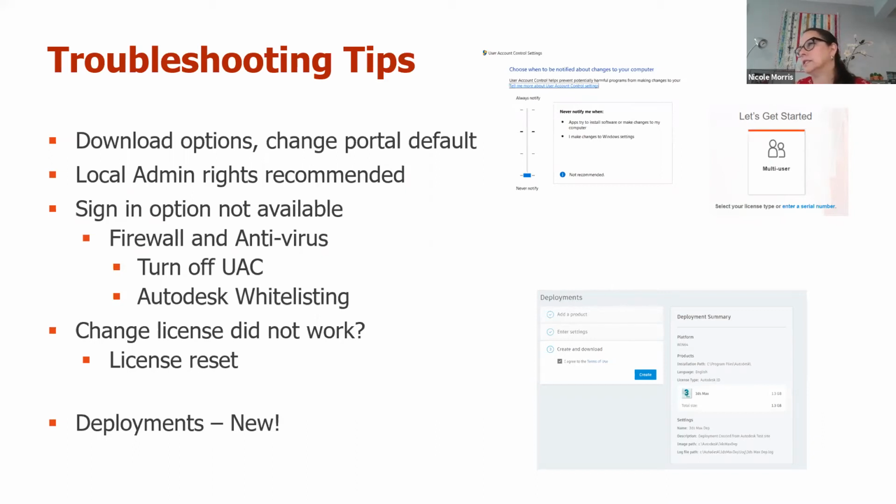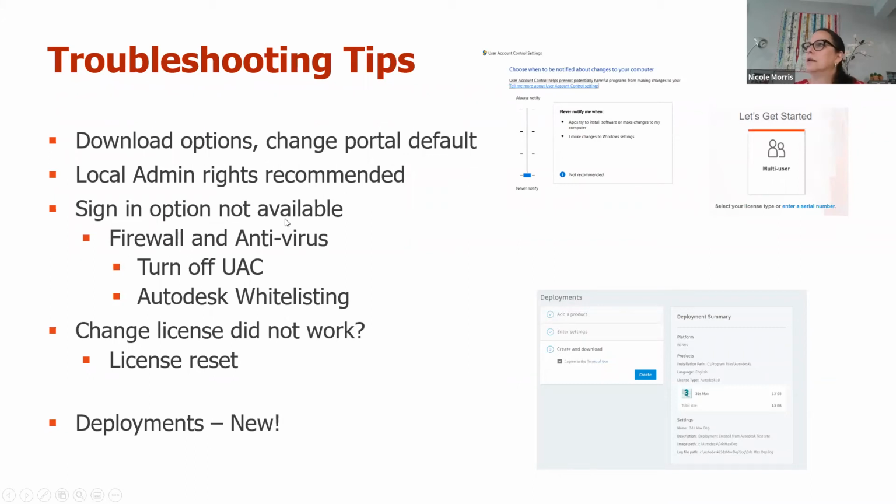Let me know if you have questions on that, if that was convoluted, but I know what I mean, so just let me know. Local admin rights is recommended. I've seen people do it without local admin rights, but you're going to run into problems. So be aware of that. Letting your users have local admin can really help them a lot. Sometimes it's not possible, but that's what they're recommending.